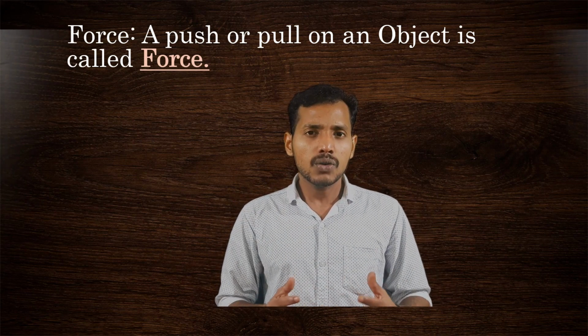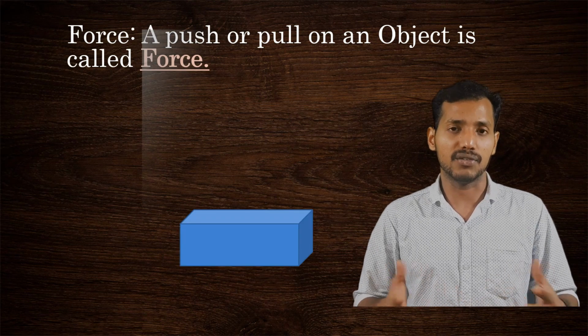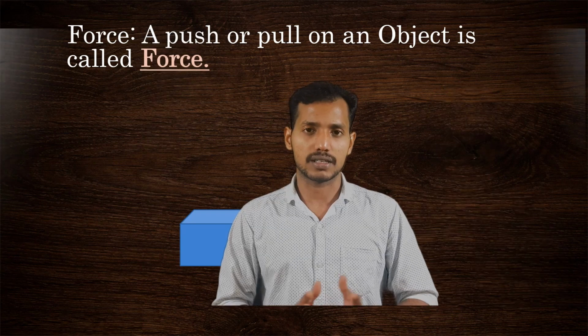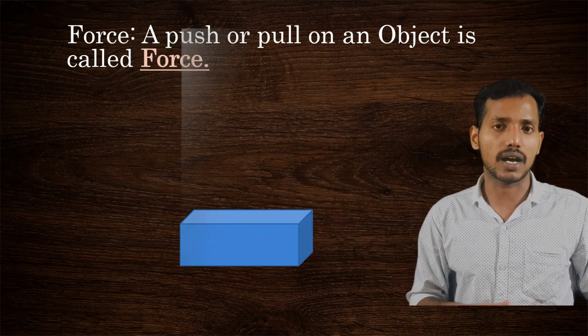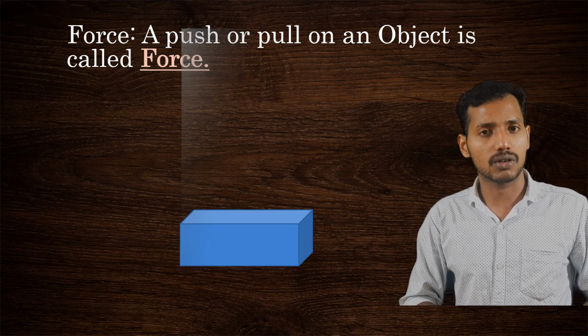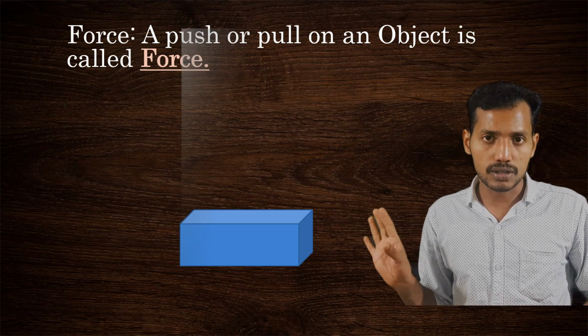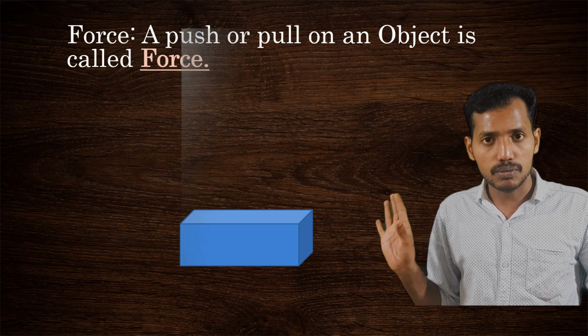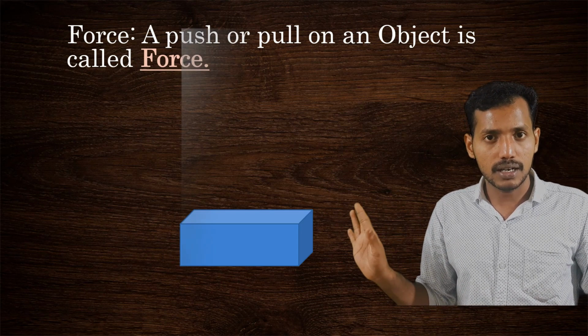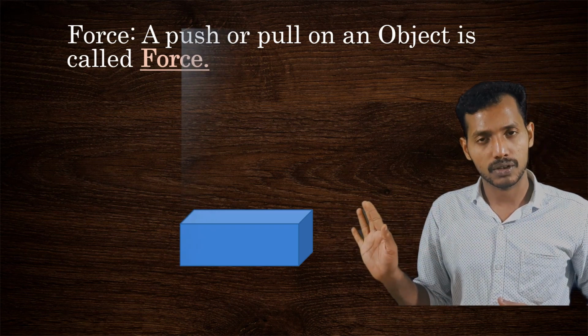Now, how will this force become effective? For example, here one box is there, and I am trying to pull that box. Is there any change in the state of motion of that box, is that box moving? No, because I am just trying to push that one, but still there is no interaction between my hand and the box.